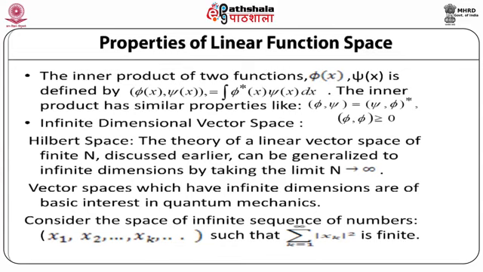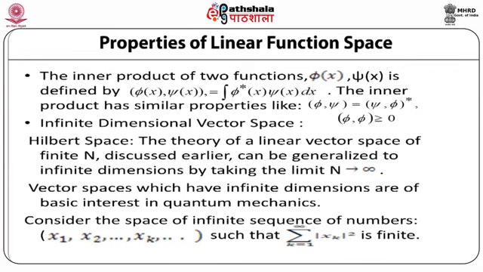Then we come on to infinite dimensional vector space. So let us define what is the Hilbert space. The theory of a linear vector space of finite n dimensions discussed earlier can be generalized to infinite dimensions by taking the limit n tends to infinity.